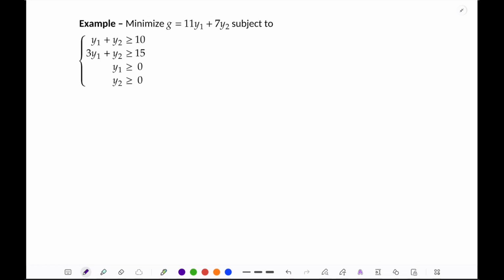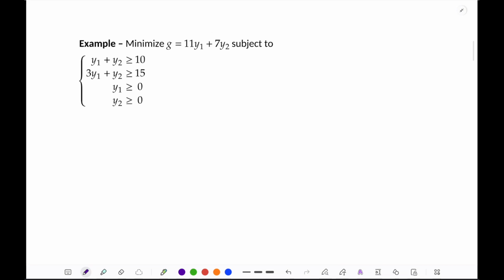This is where we need to make the realization that minimizing g is the same as maximizing negative g.